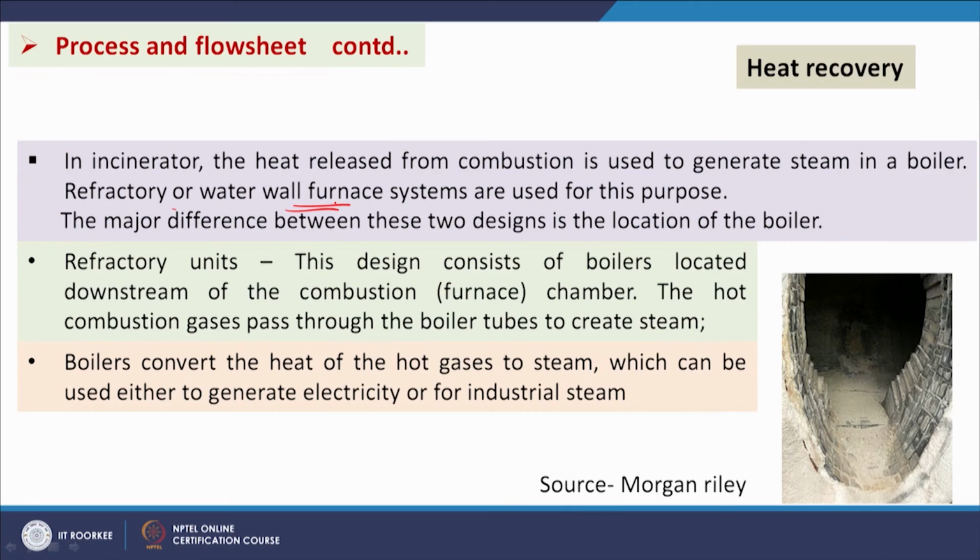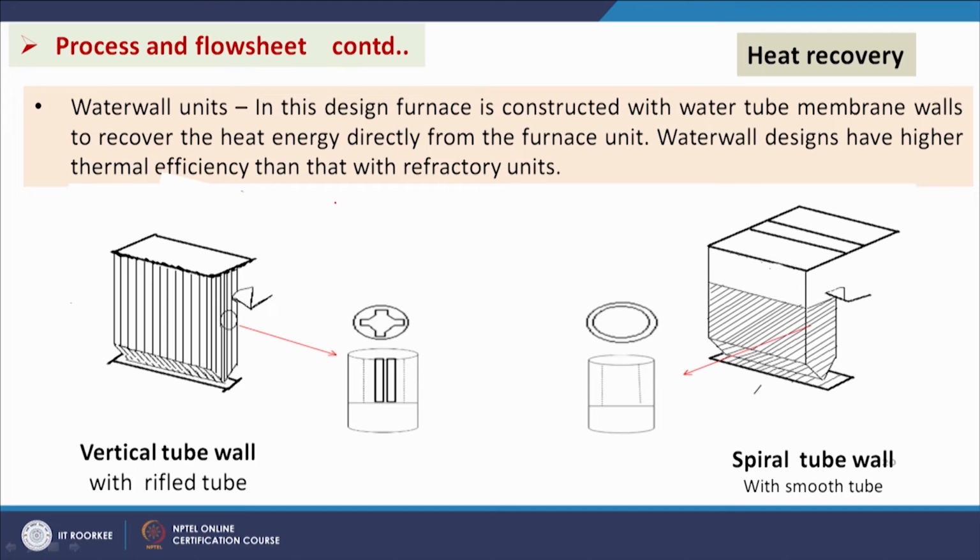Another design is the water wall furnace. In that case, the furnace is constructed with water tube membrane walls to recover the heat energy directly from the furnace unit. So, on the wall of the furnace we have water tubes, directly in contact with the flue gas in the furnace itself, and water is converted to steam.